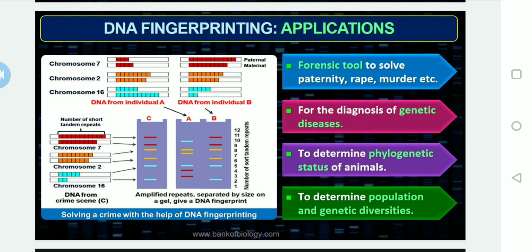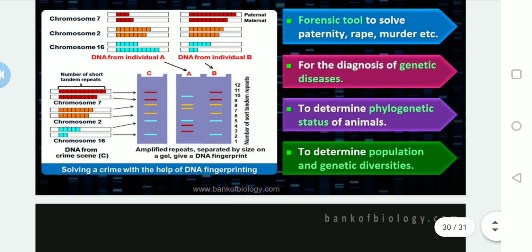Finally, the amplified repeats are separated by size on the gel, giving the DNA fingerprints. So this is how it is useful in solving crimes with the help of DNA fingerprinting technology.